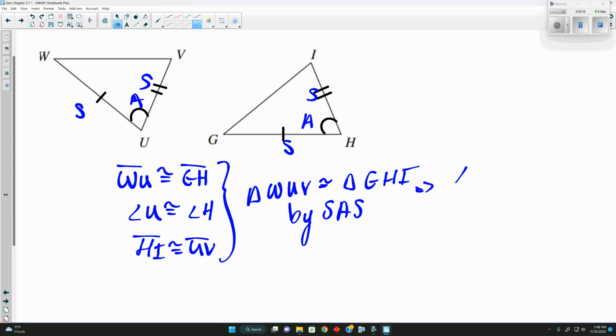Therefore, angle W is congruent to angle G by CPCTC, and that's it. Any questions on any of this here?